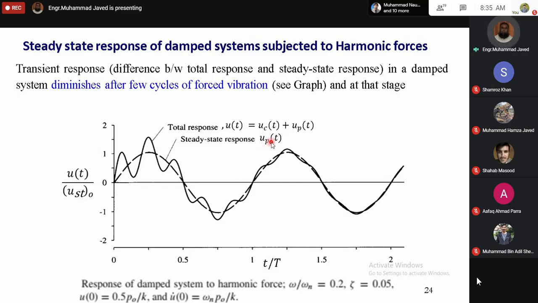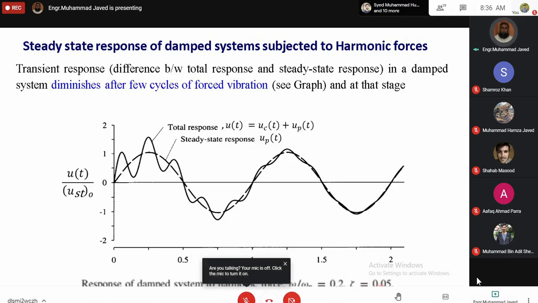So in order to illustrate this phenomenon, we have developed graph for total response and steady state response for a system whose frequency ratio is 0.2, damping ratio is 0.05, displacement at the start of free vibration and velocity at the start of free vibration given by this equation.